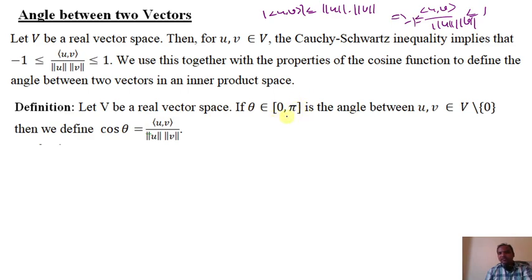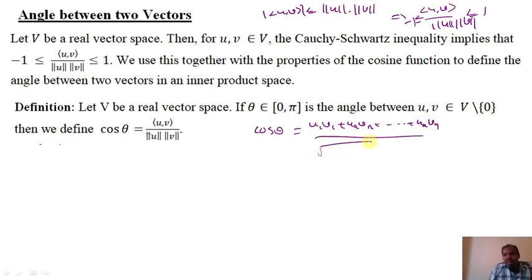Pi value is minus 1. The angle between u comma v belongs to V minus 0, that is, they are not zero vectors. Then we define cos theta equal to the inner product of u comma v divided by norm u into norm v. For the standard inner product, suppose u comma v are in Rn space, we can write cos theta equal to u1 v1 plus u2 v2 up to un vn divided by the square root.